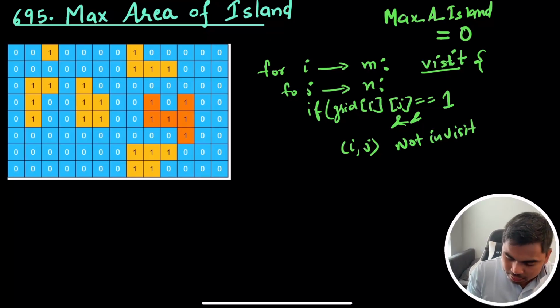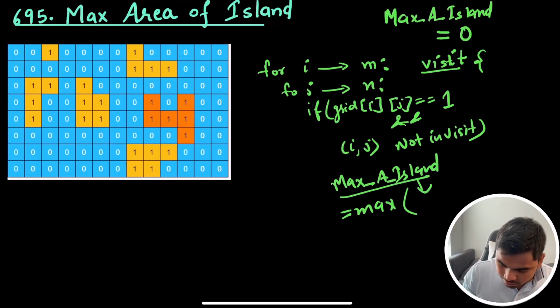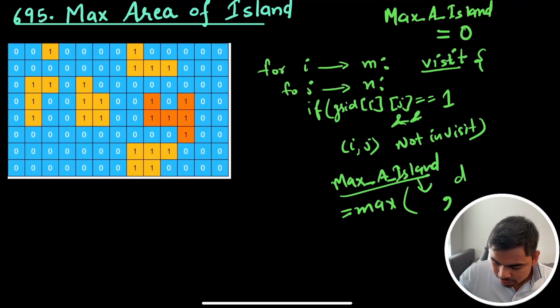If this is the case, then I'm going to call DFS, and max area island is going to be the maximum of this value itself or what my DFS returns with i and j.